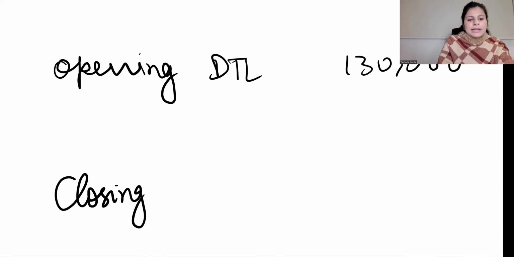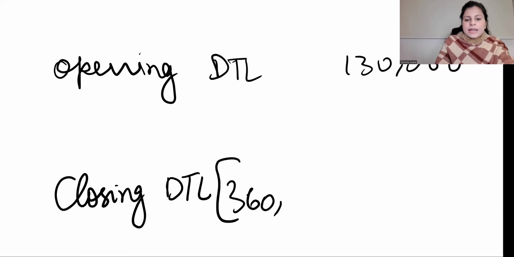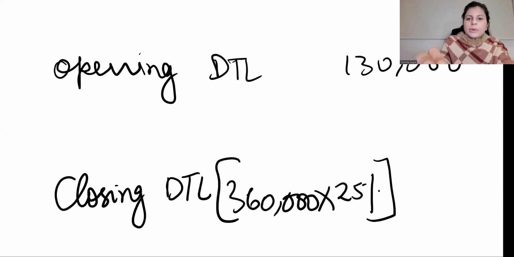How much do I need at my closing date? In the closing, what were my taxable temporary differences? 3,60,000. What was my tax rate? 25%. So how much closing deferred tax liability do I want? Come on quickly, calculators. 3,60,000 into 25%. 90,000. So basically I want 90,000.